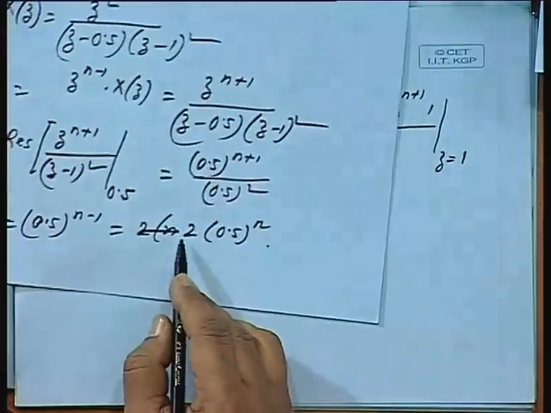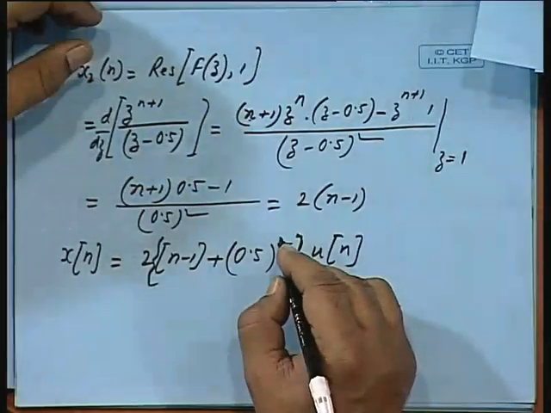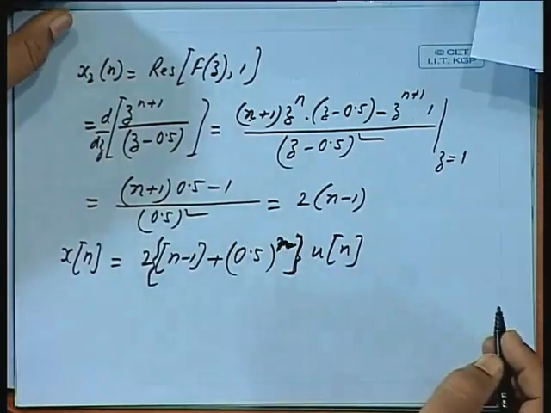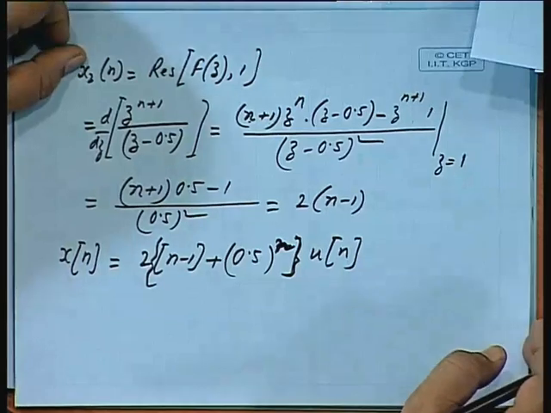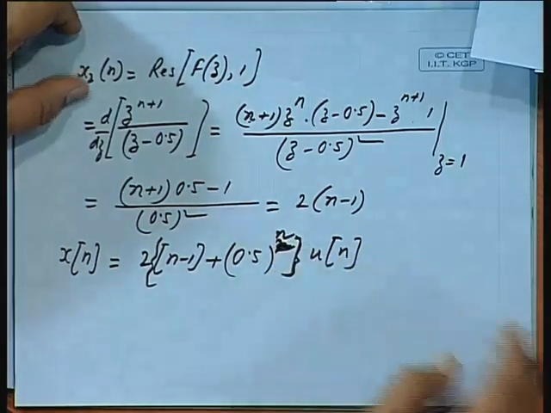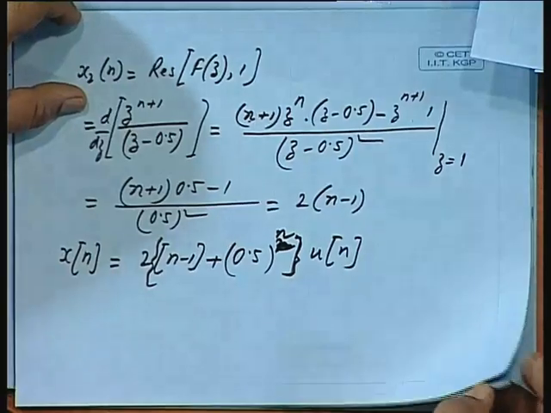It was 2, sorry, to the power n, not square, sorry. Is that all right? This is to the power n, x 1.